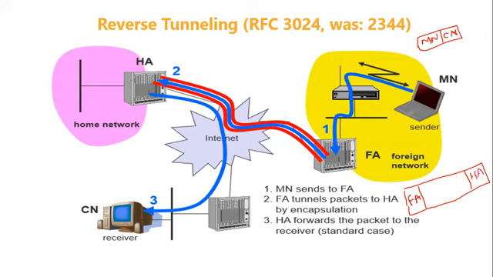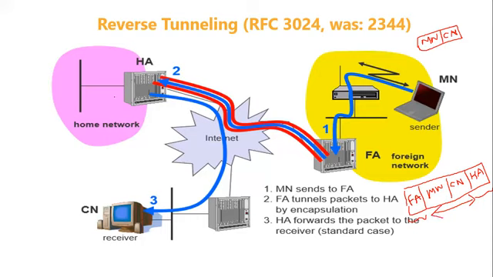Inside this bigger packet, the packet that was sent by the MN will be encapsulated, which has the source IP address as MN and the destination IP address as CN. These two are the header, and this is the actual data. And this packet will be transmitted to the HA.